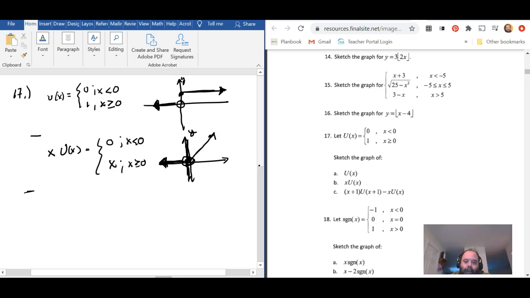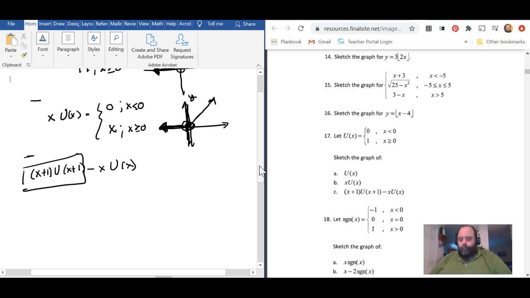Okay, so then there's this massive complication here, right? We have x plus 1, u of x plus 1, minus x u of x. So what I did is I just focused in on this part because this and this are related, right?